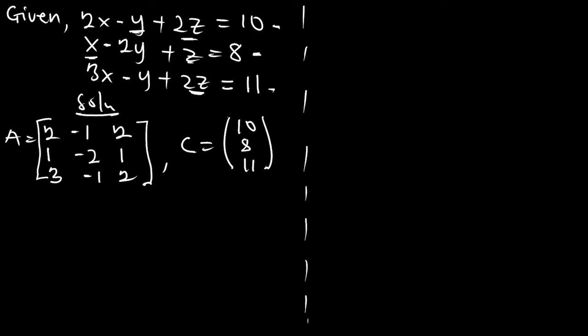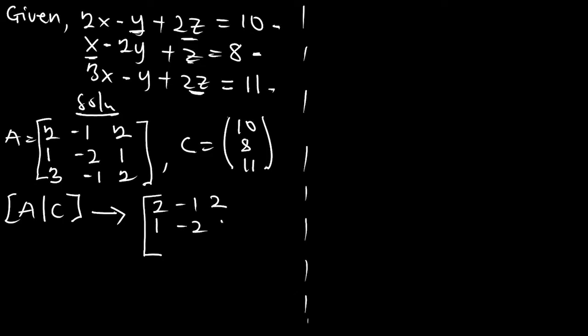So now I'll move forward and find the A augmented with the C this way. And this is going to be represented like this: 2, negative 1, 2, 1, negative 2, 1, 3, negative 1, 2, augmented with the C, 10, 8, 11.